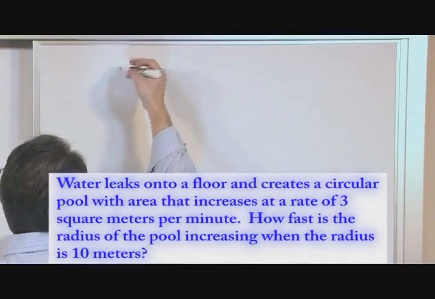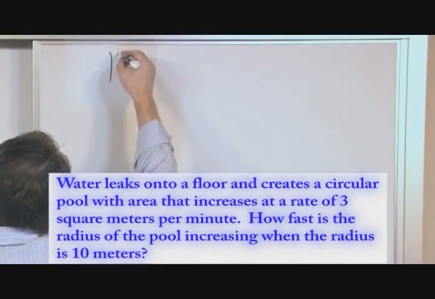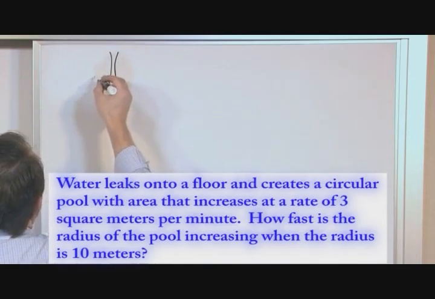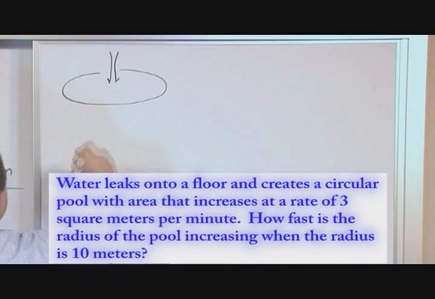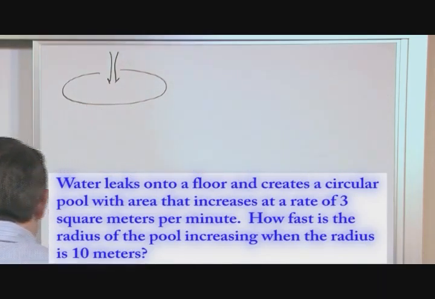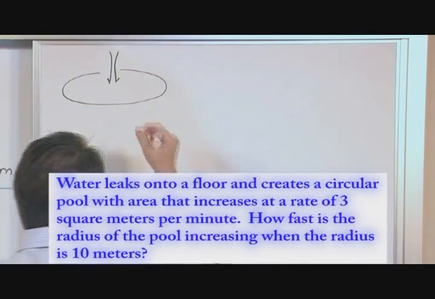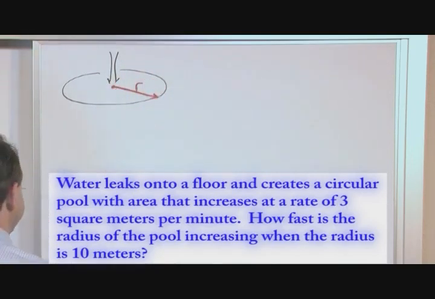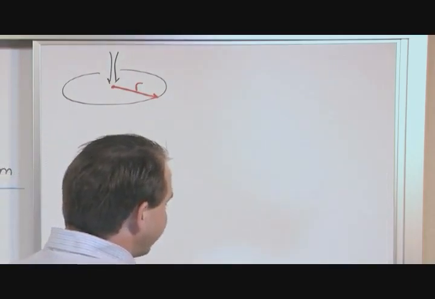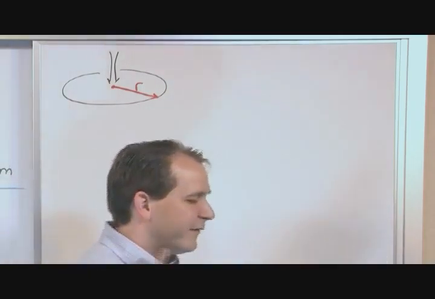So let's just pretend I have some water rushing onto a floor or something like that. And basically I have this circular puddle that's formed. It's getting bigger and bigger and bigger. Right? So this circular puddle obviously is going to have a radius associated with it, like this. The reason I picked this picture is because it tells us I have a circular puddle, right? Now notice that it's a circle.